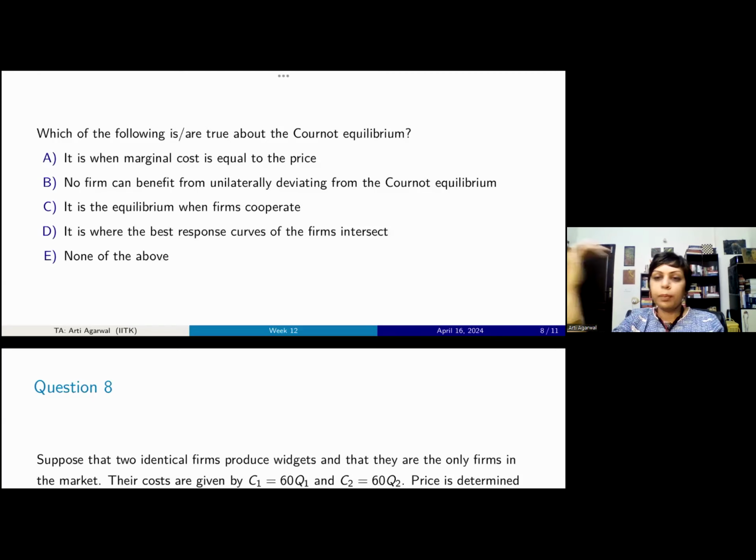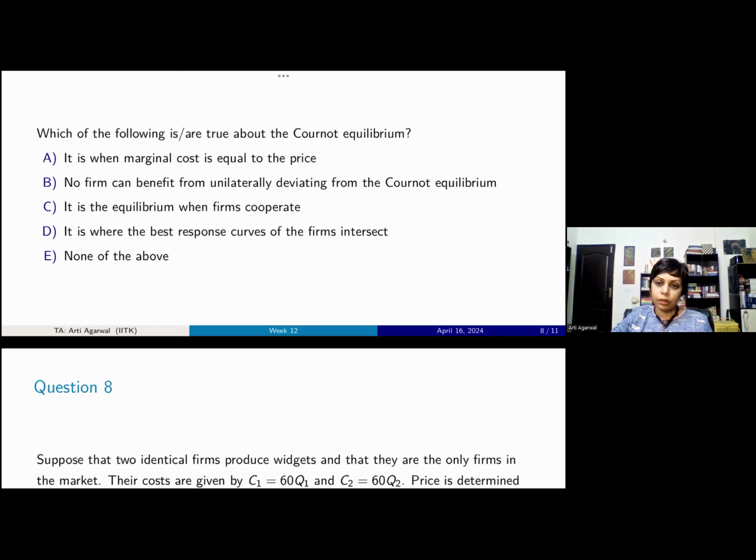There may be two in the simplest case, but there may be several firms. In your case, let's stick with two. And the firms are deciding their quantities in the Cournot case based on the quantity produced by the other firm. In the case of Cournot, the firms compete with each other.